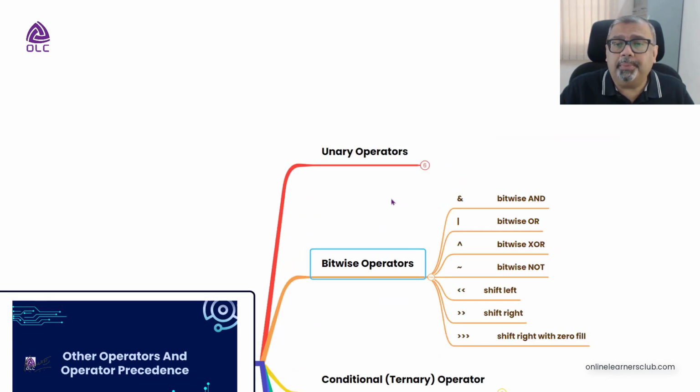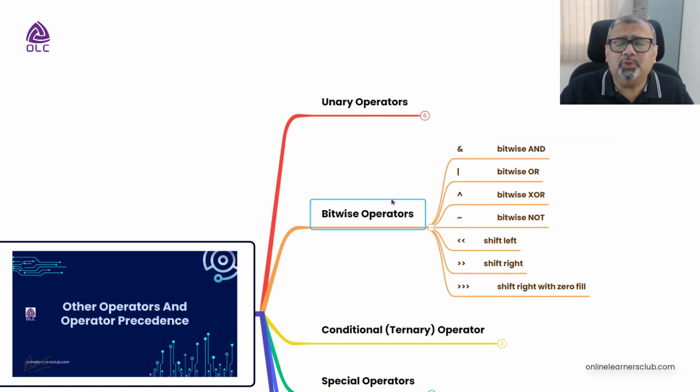Next are bitwise operators. Whenever you want to do some logical binary operations, you could use AND, OR, etc. And we do have bitwise XOR. AND and OR are more frequently used in our day-to-day programming. In addition to this, you have XOR, NOT, shift left, shift right, and shift right with zero fill. These are some of the ways in which you could do binary arithmetic.